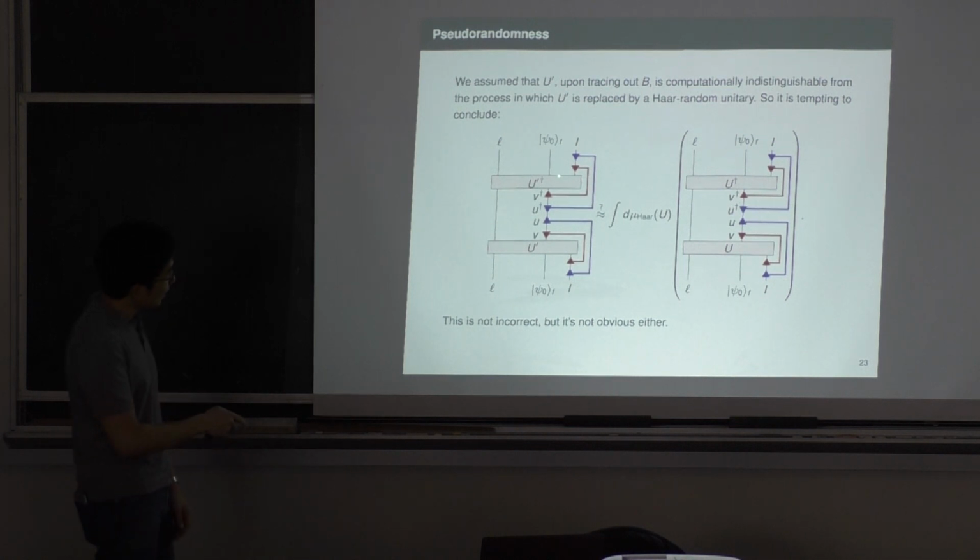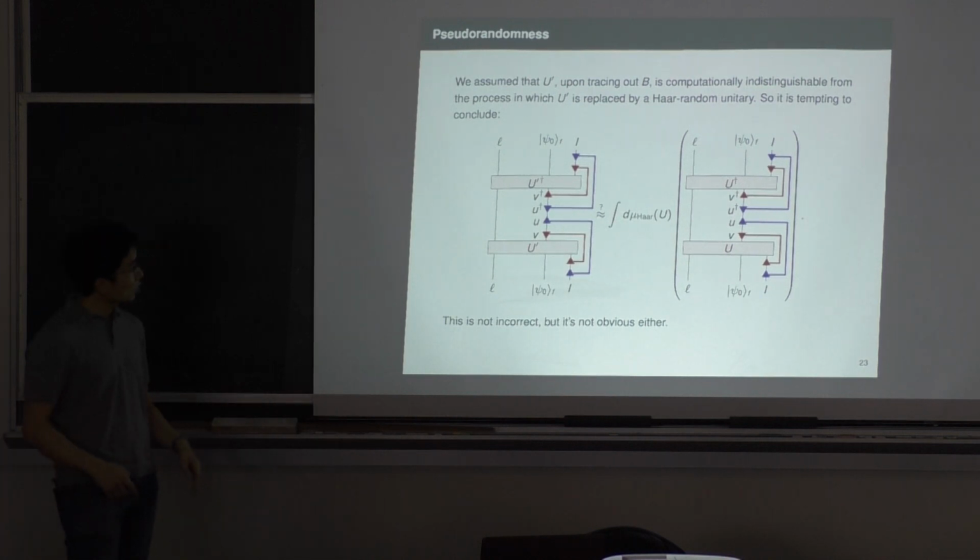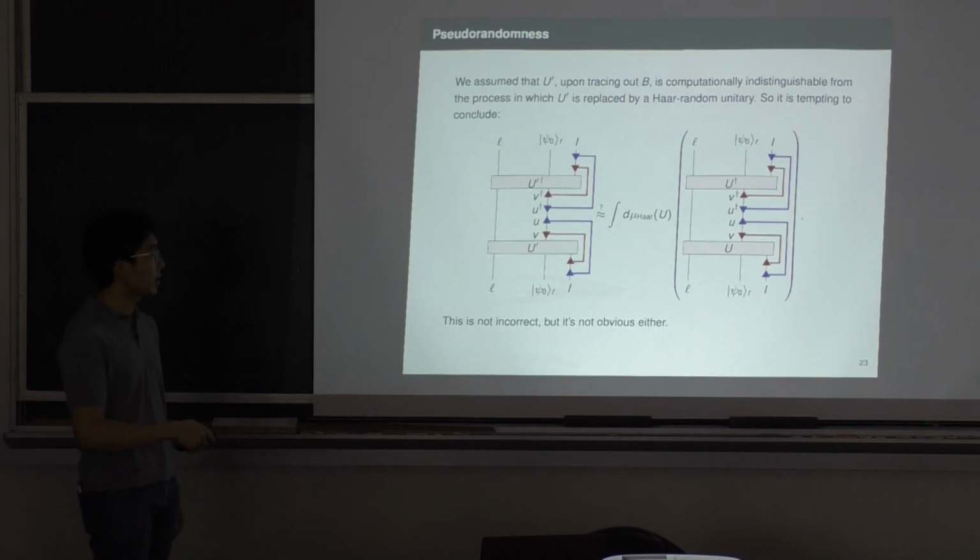But you can see that here the operations that we're applying are not really just unitary operations. These are in general non-unitary operations. So we should really argue that even if you're equipped with these non-unitary operations, you still will not be able to distinguish this U prime from the Haar-random unitaries. So that's the challenge.